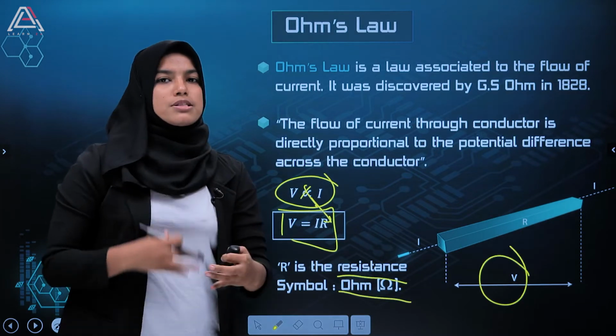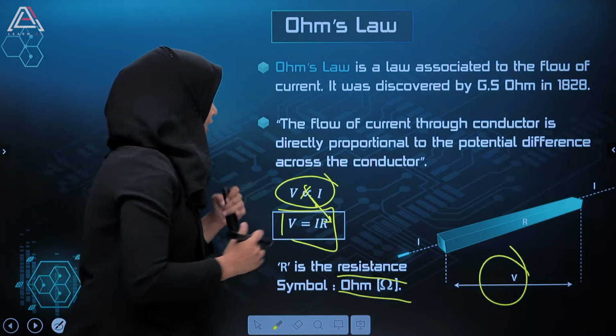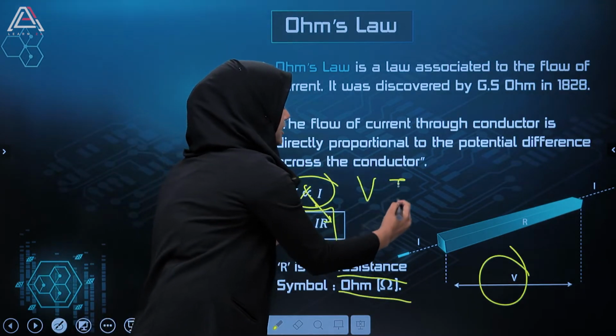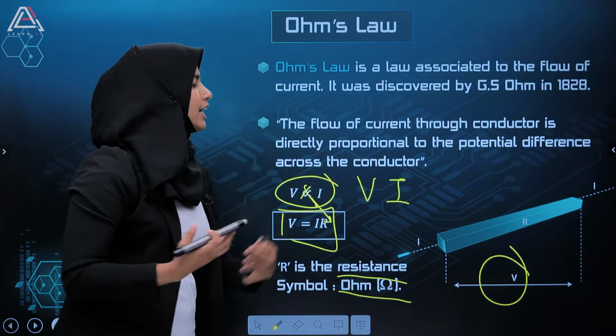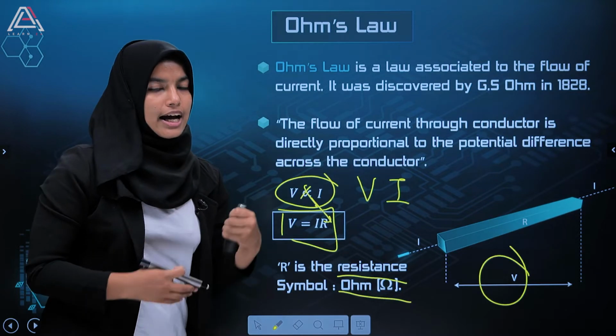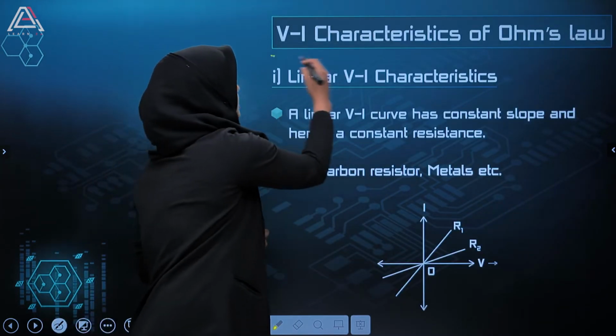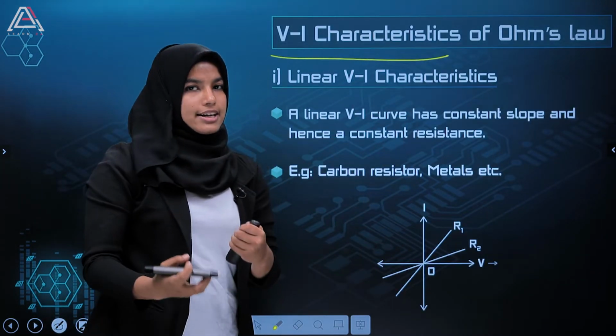Now Ohm's law shows you the fact that both V and I are directly proportional. So we can draw graphically the relation between V and I, and the graphical representation is called VI characteristics.